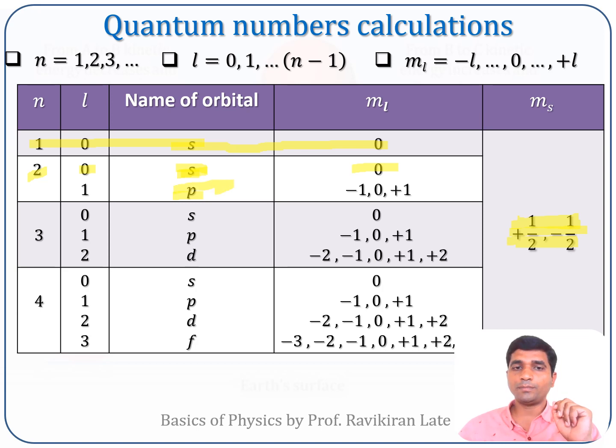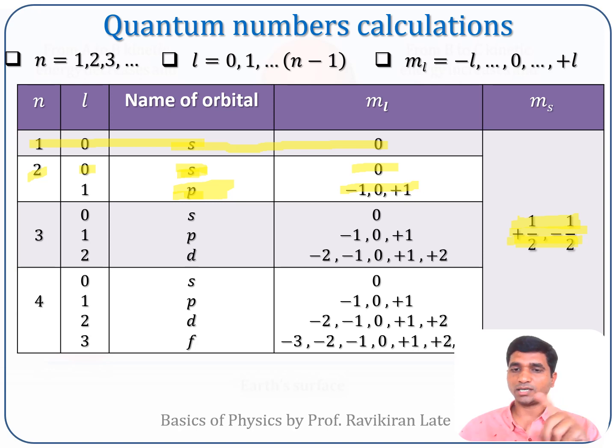Similarly, for the p orbital, if you consider the value of ml, it can be minus 1, 0 and plus 1, that is nothing but the px orbital, py orbital and pz orbital. Now depending upon the spin of the electron, which can be plus half and minus half, each orbital can occupy 2 electrons.